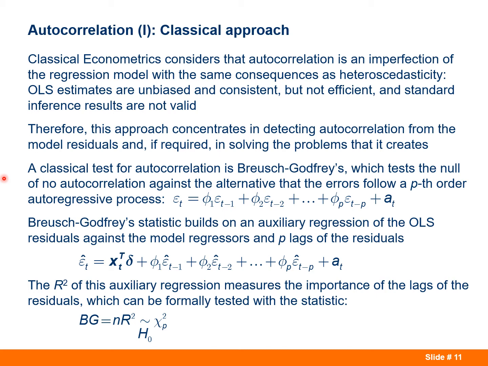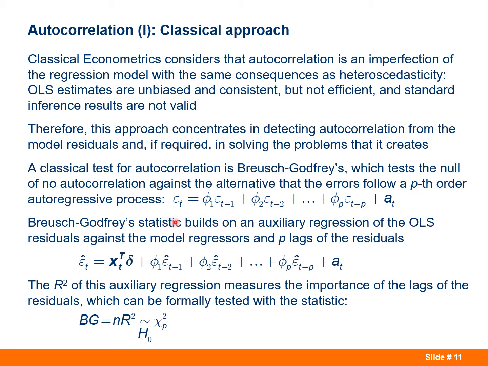A classical test for autocorrelation is the one of Breusch-Godfrey. This tests the null of no autocorrelation against the alternative that the errors follow a p-th order autoregressive process. The value of p is chosen by the analyst, and the autoregressive process is this one.